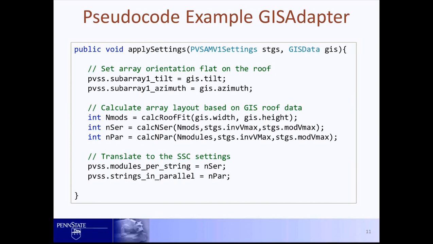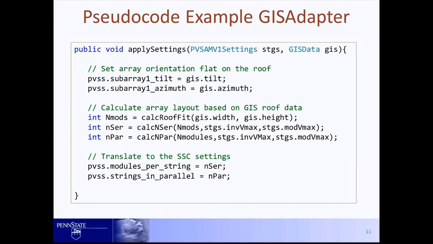So we can use things that will be caught by the compiler rather than strings that have to be hard-coded. This is just an example of one module. You could continue like this to run the other cash loan and utility rate modules that make up the entire run of SAM as you'd be used to seeing it in the desktop application.